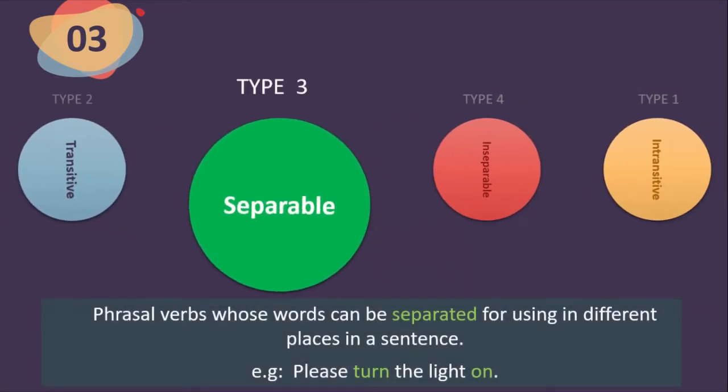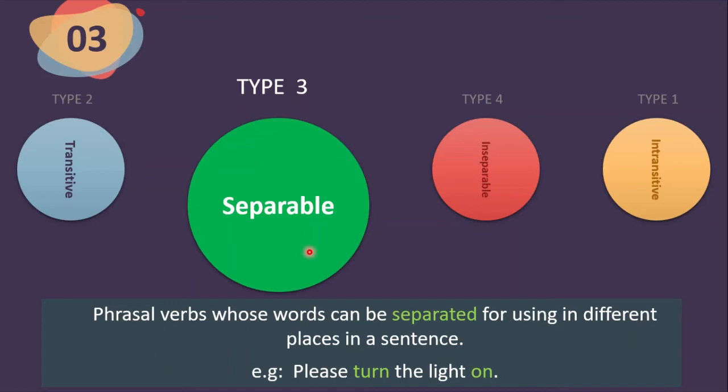Type 3, separable. Separable, let me say, its verb and preposition or adverb can be separated. Such a phrasal verb can be used in joined forms as well as in separated forms.